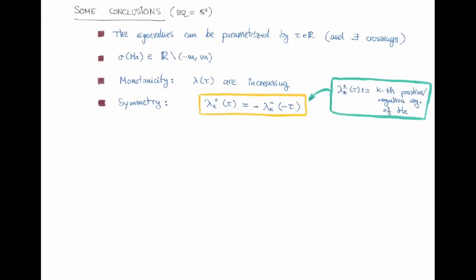And actually it tells you that the kth positive eigenvalue of h tau is going to be minus the kth negative eigenvalue of h minus tau. So you have this symmetry. Sorry, and you can rule out the possibility of a continuous spectrum. Yeah, because for each tau, you can prove that this is also a self-adjoint operator. So the spectrum is going to be discrete, and you can rule out this possibility.